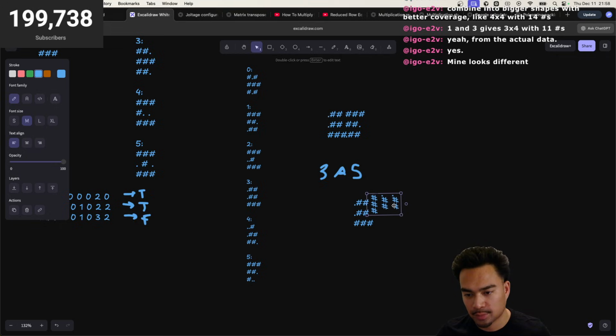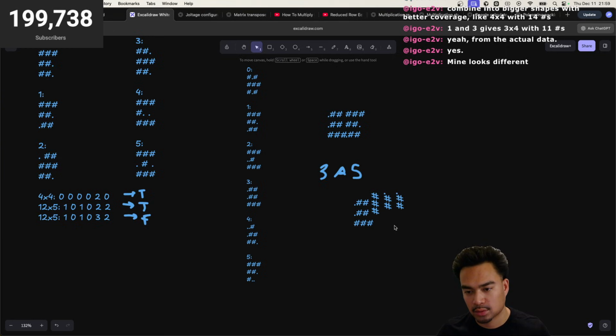If you move it up here, it takes more space. It's like a greedy approach. This one takes 12 space.